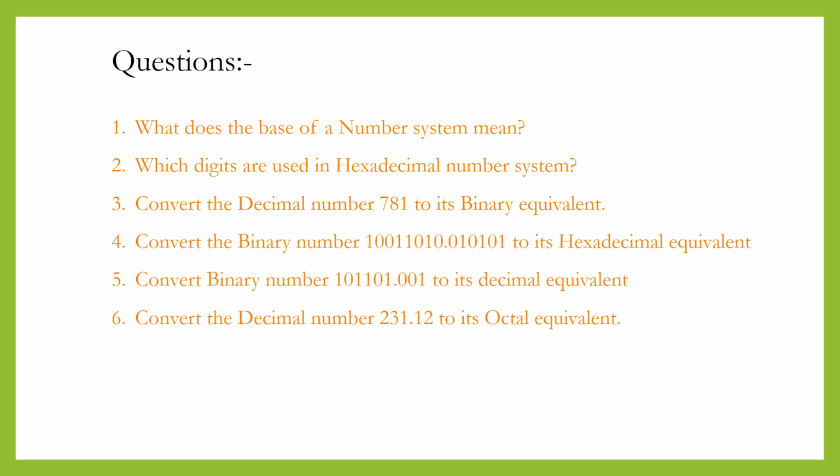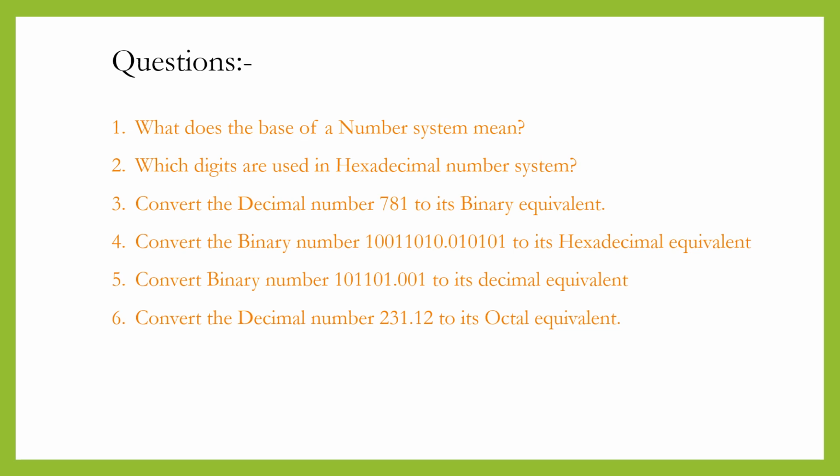Students, here you have 6 questions related to our topic. First one is, what does the base of a number system mean? Second one, which digits are used in the hexadecimal number system? Third one, convert the decimal number 781 to its binary equivalent. Fourth one, convert the binary number 1001.010101 to its hexadecimal equivalent.